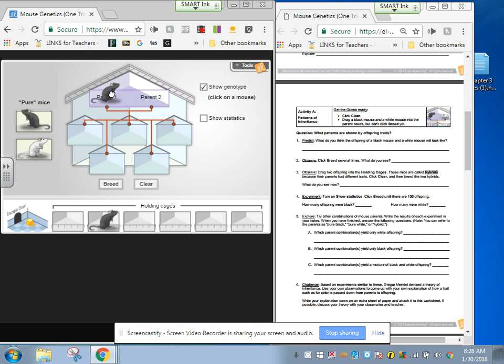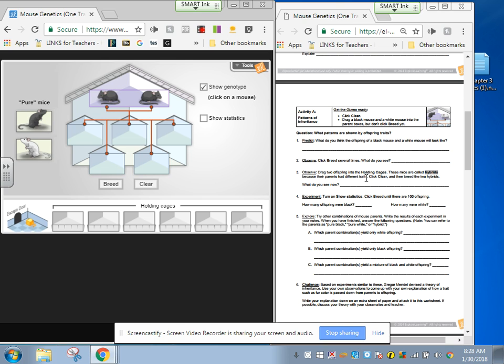It had a parent that had black fur and a parent that had white fur. Even though we can't see it, I clicked show genotype. See here how it has a black fur gene, which stands for a capital F. You can see it appear right over here. And it's also got a white fur gene, which is shown with a little f. So it's a hybrid. It's got two different genes for fur color.